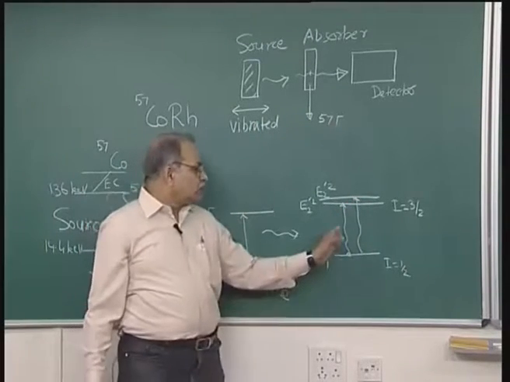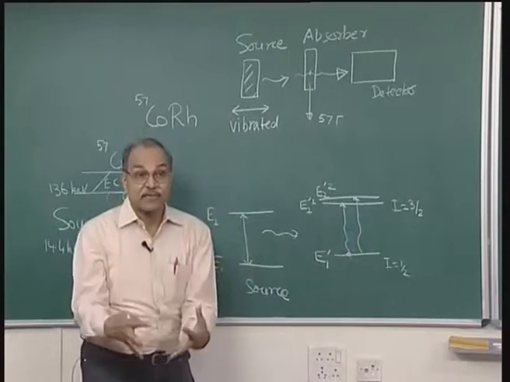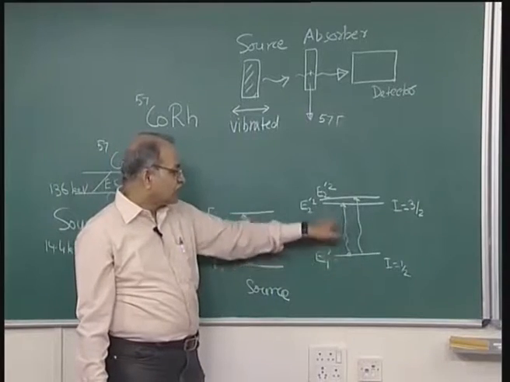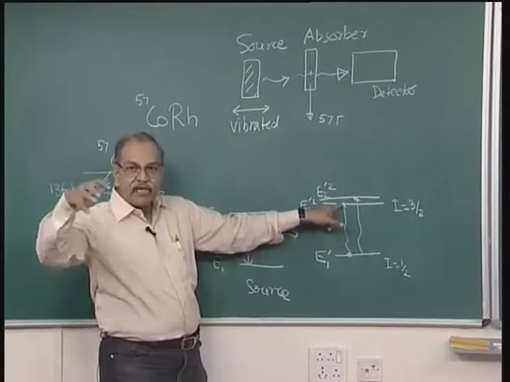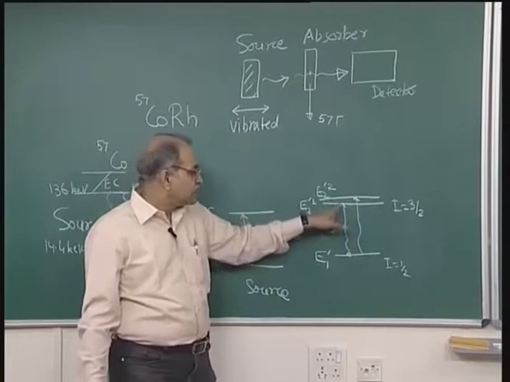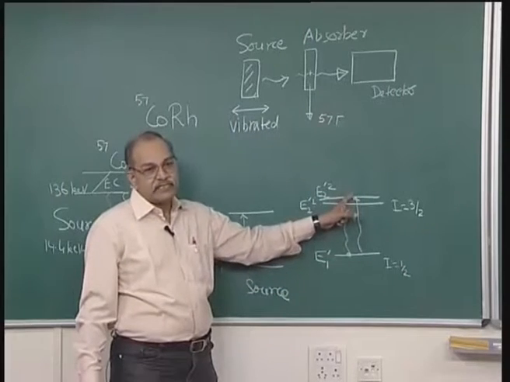So, there are two different energies at which this resonance will take place. If the incoming energy is equal to this much, then also there is a level there and the probability of this gamma ray getting absorbed will increase, and if the energy is equal to this, then also it will increase.